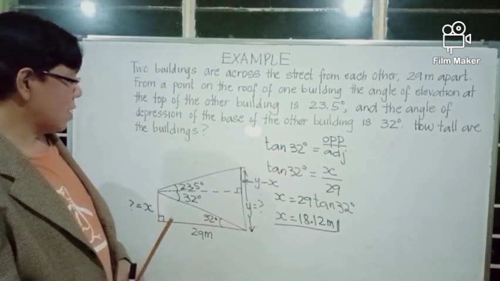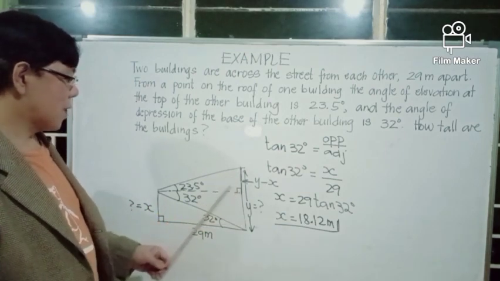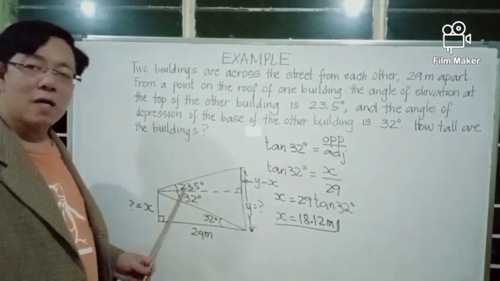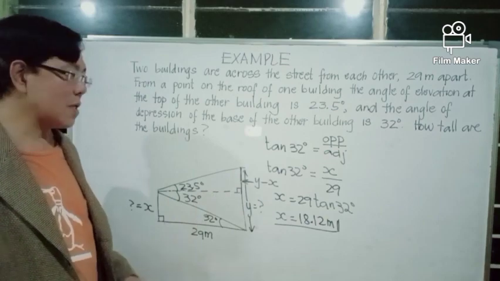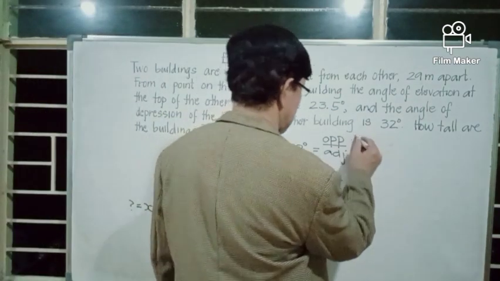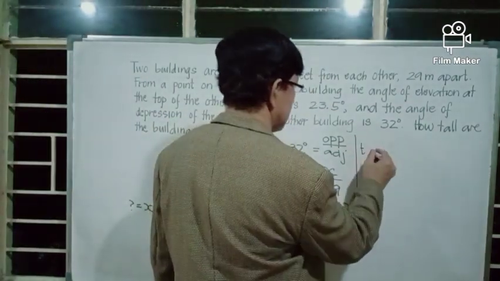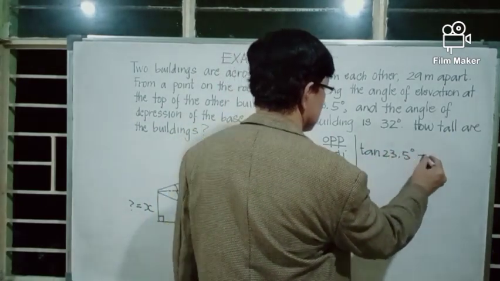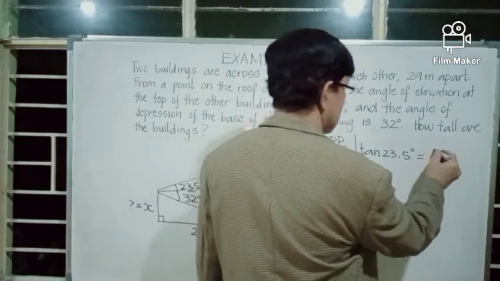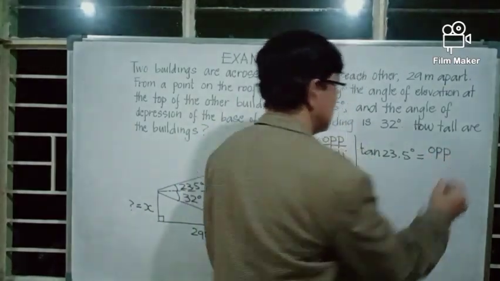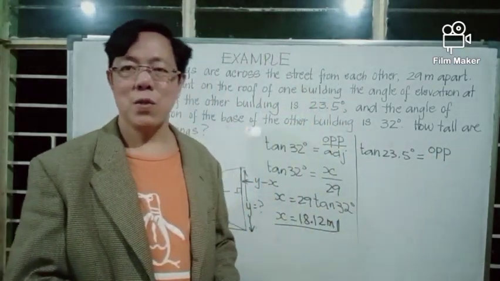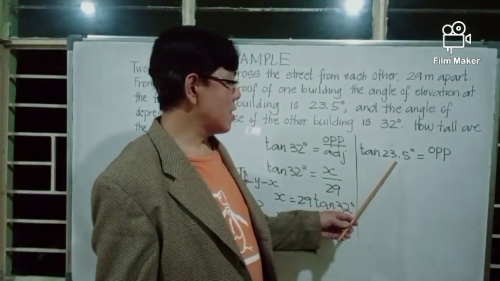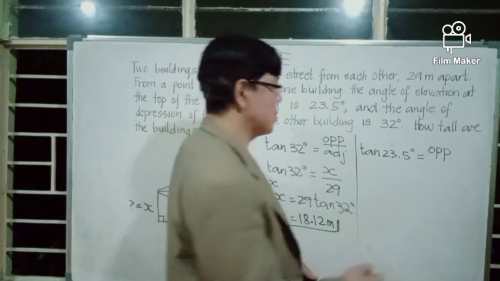And this side adjacent to 23.5 is also 29 meters. Now we find y using this right triangle and the tangent of the acute angle 23.5 degrees. Tangent of 23.5 degrees equals opposite. The tangent of an acute angle is equal to the ratio of the opposite side and the side adjacent to 23.5 degrees.